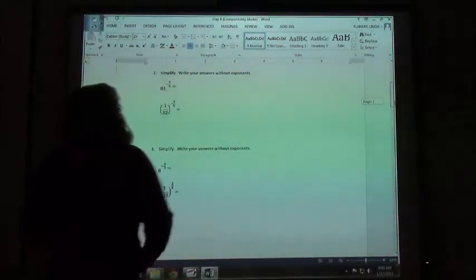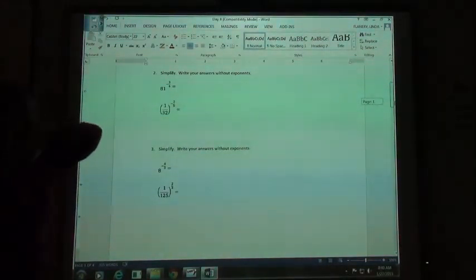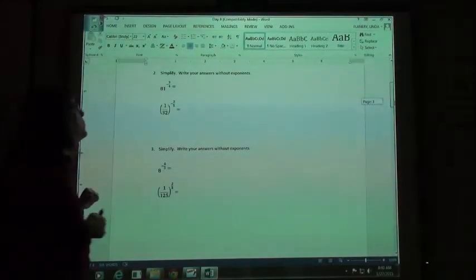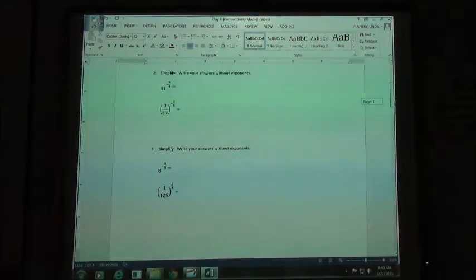So number 2, we want to simplify 81 to the negative 3/4 power. First thing you always want to do, if your exponent is negative, which it is, is the reciprocal of my base. So the reciprocal of 81 would be one over 81.